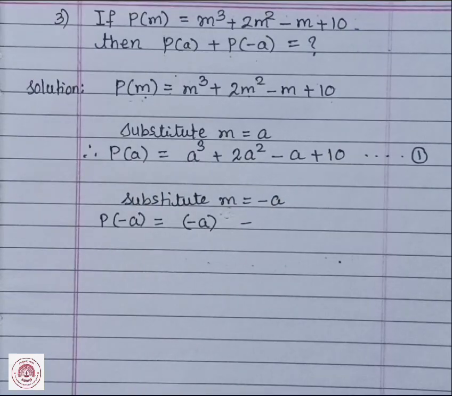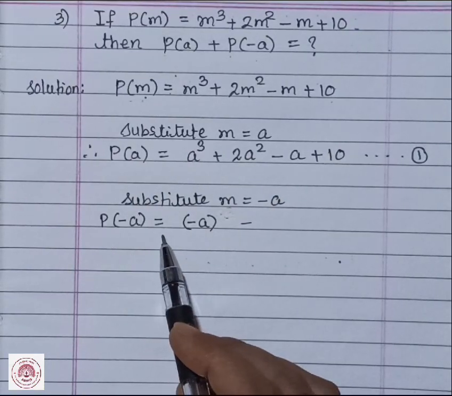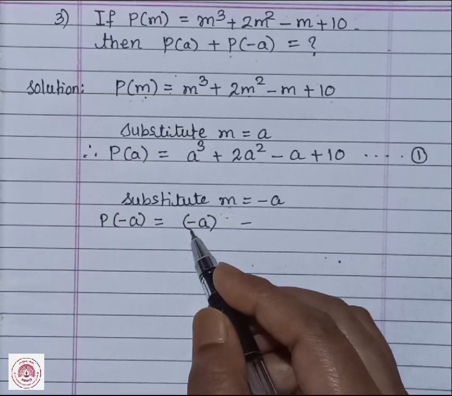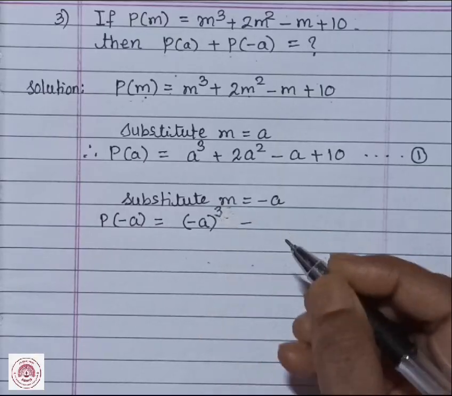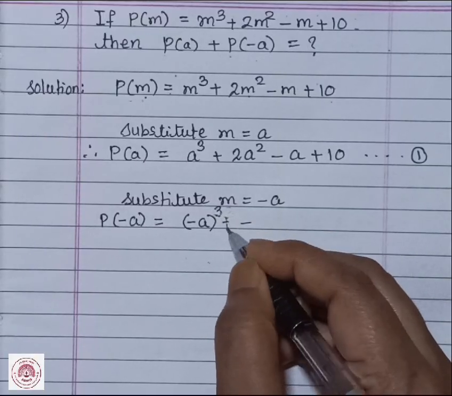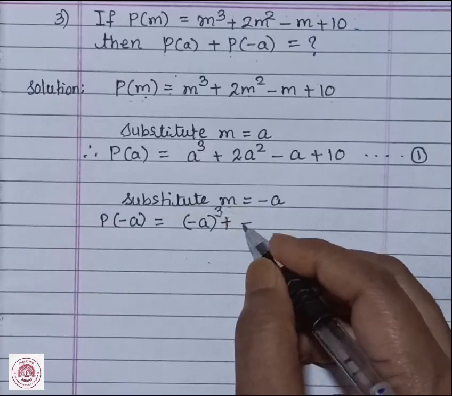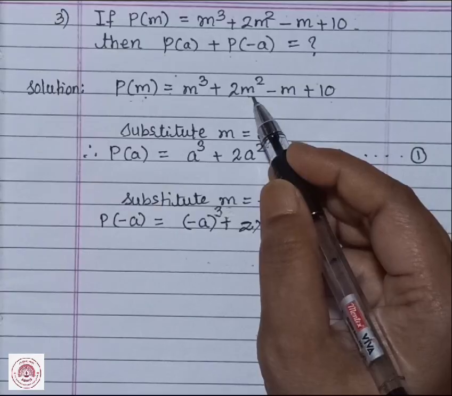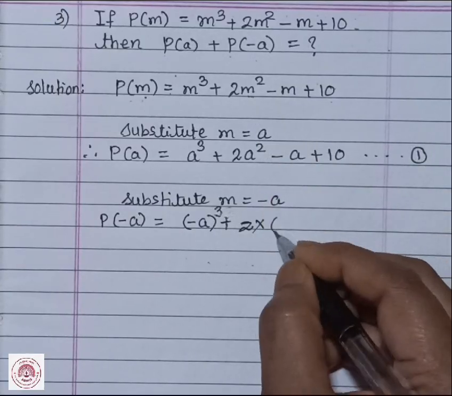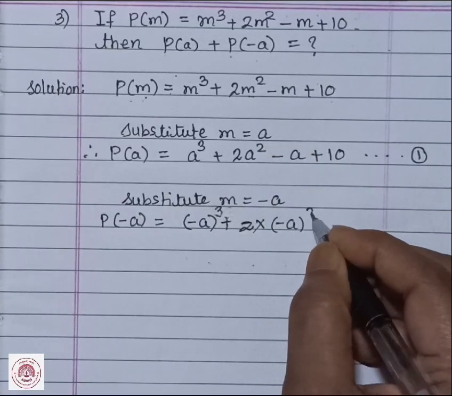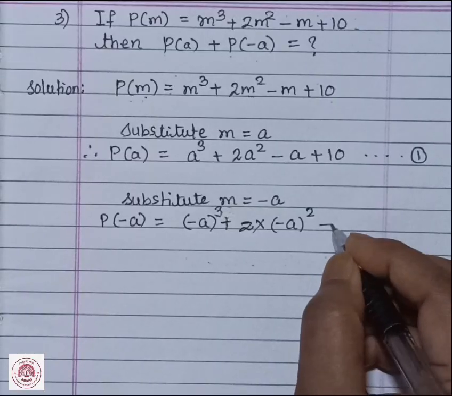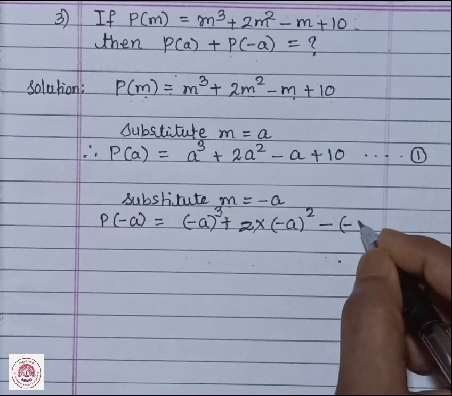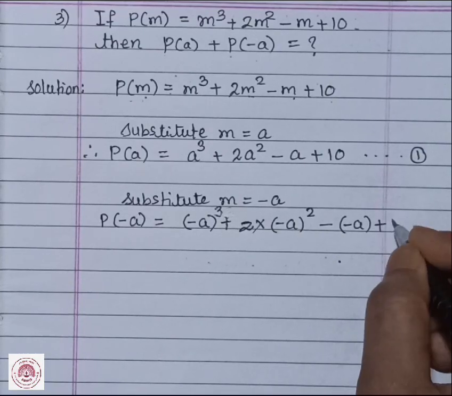So P of negative a equals, we will replace m by negative a, so negative a cubed, then plus 2 multiplied by, again m will be replaced by negative a, so negative a squared, then minus, again m will be replaced by negative a, so negative a, plus 10.